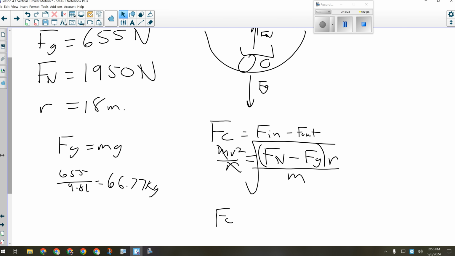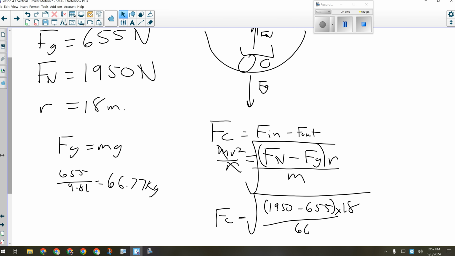So Fc equals 1,950 newtons minus 655 newtons, that has to be in brackets, times the radius, which was 18 meters, and then divided by 66.77. I'll actually use all the decimals when I do that calculation.